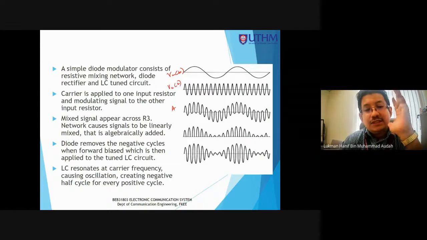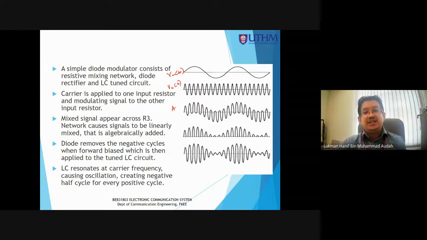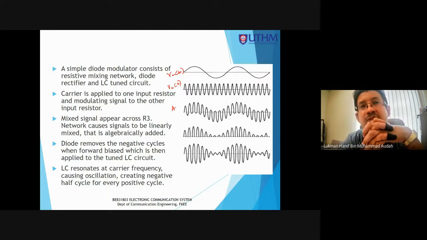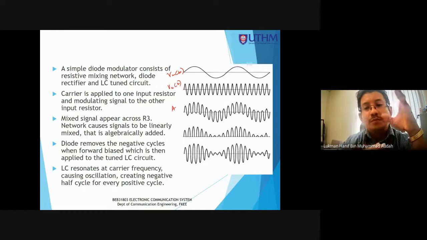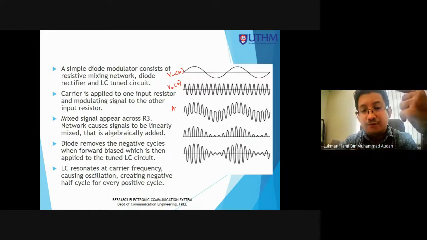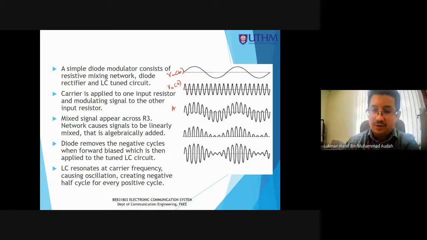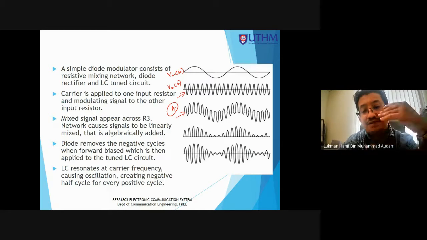So proses mixing ini dia akan mix. So apabila mixing proses ini, you akan lihat bahawa bentuk gelombang carrier berubah berkadaran dengan perubahan amplitude daripada information signal. Okay. So tadi asalnya dia konsisten macam ni, and then dia berubah dari segi amplitudes, tetapi dari segi frekuensi masih sama.